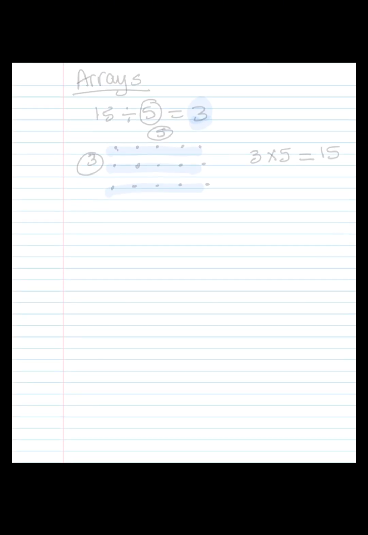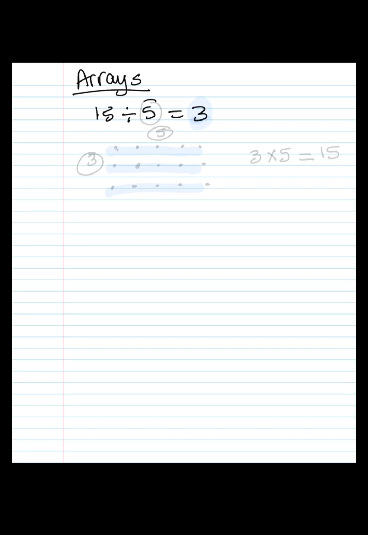You can also look at arrays. In the previous video we discussed arrays, and you can also look at how arrays relate to division just like they related to multiplication. So remember, an array is rows and columns. So again, you have 15 divided by 5 equals 3.